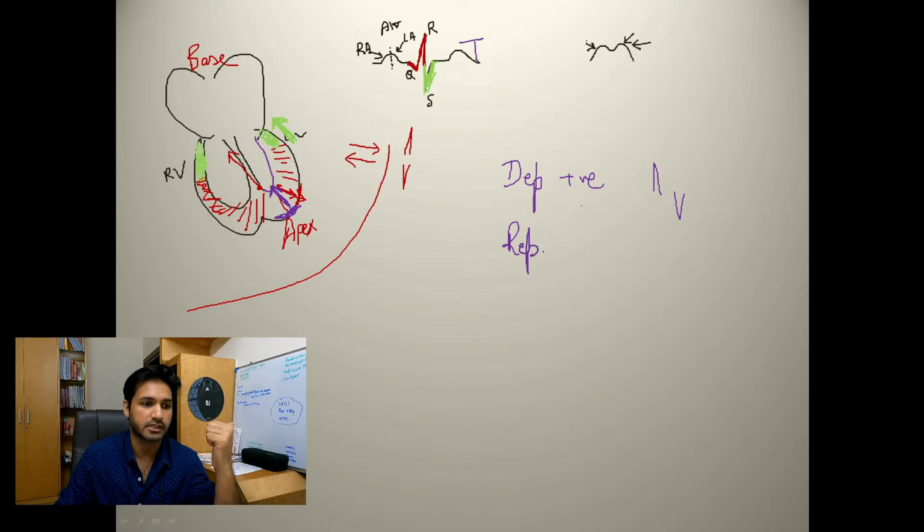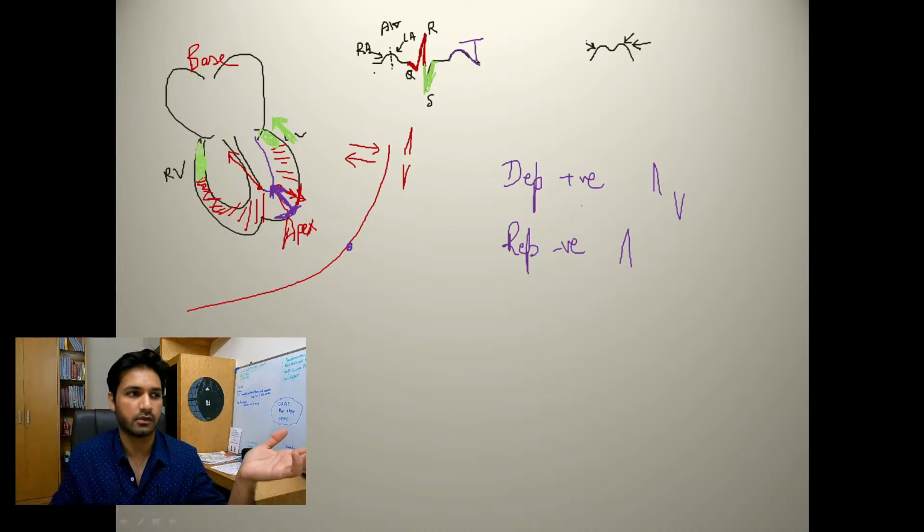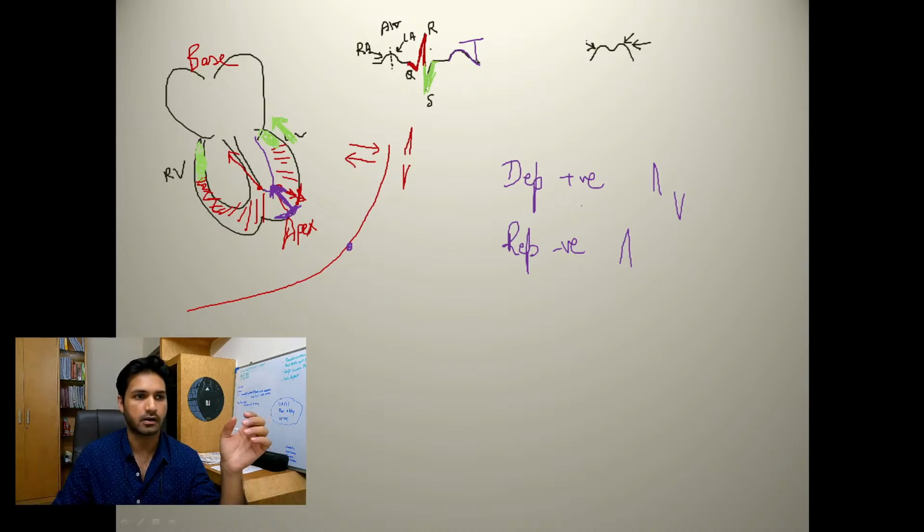Now repolarization is a negative event, and if the electricity is flowing away from the lead, it'll give you a positive deflection, because a negative going in the opposite direction, two negatives make a positive. So that's why, here are the leads. The electricity is traveling in the opposite direction from the epicardium to the endocardium. It gives a positive wave. So that's basically how the electrophysiology of the heart works.